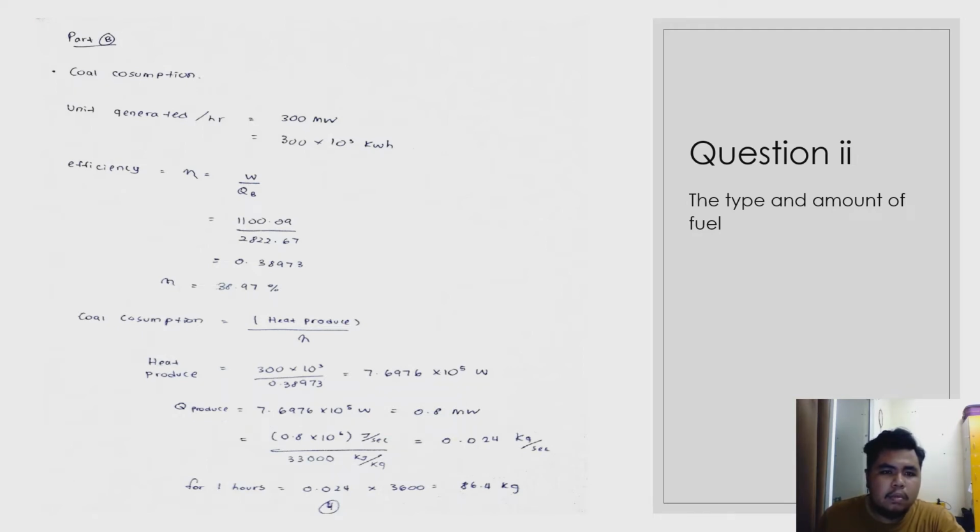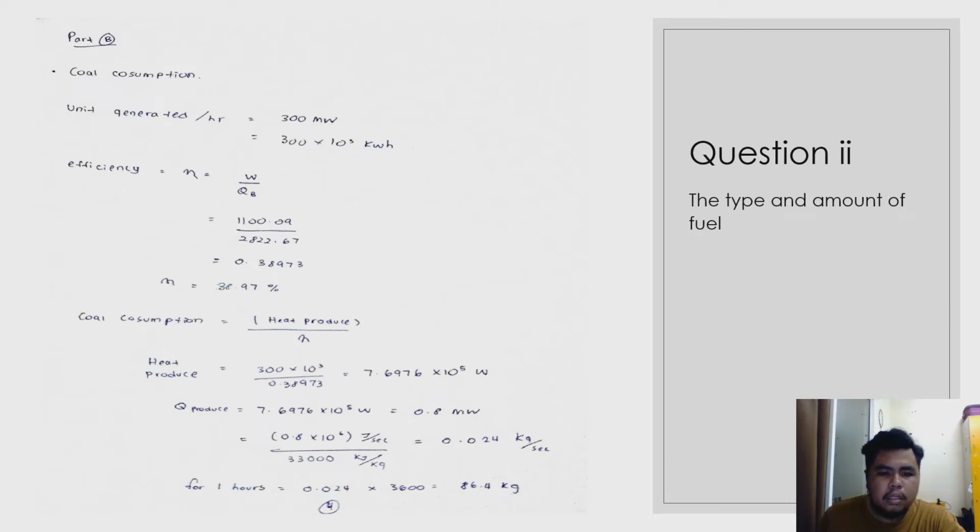As we know, the unit generated over hours is 300 times 10 to the power of 3 kilowatt hours. So we need to use this formula to find the coal consumption: heat produced over efficiency. So for heat produced, we must divide 300 times 10 to the power of 3 over efficiency, which is this.